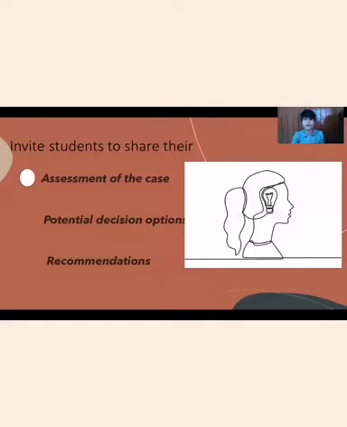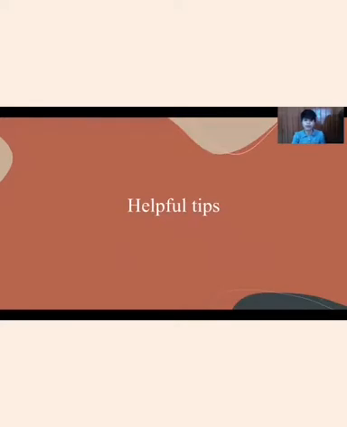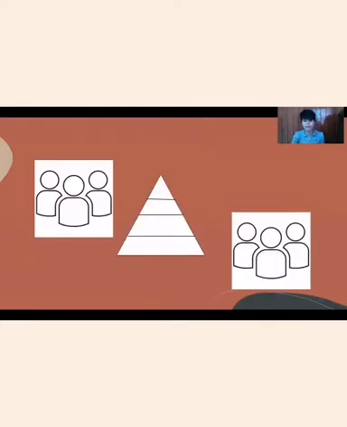Also invite the students to share their assessment of the case, potential decision options, and recommendations. Allow time for students to discuss the case with the class, and close the activity by summarizing key points and principles.